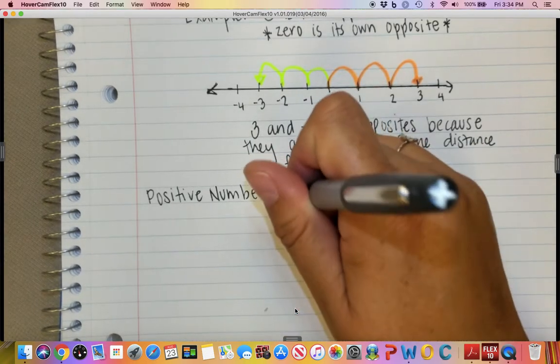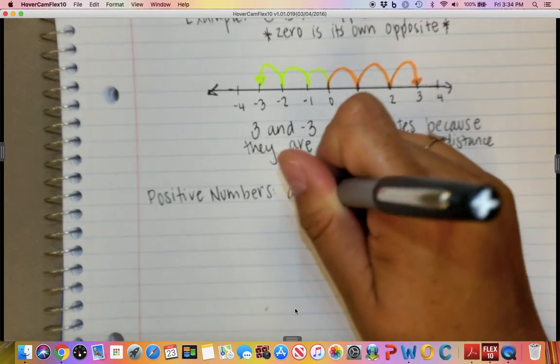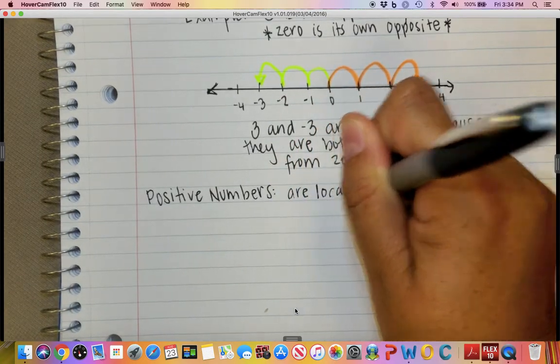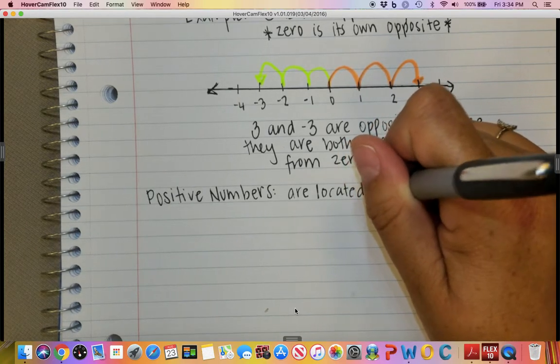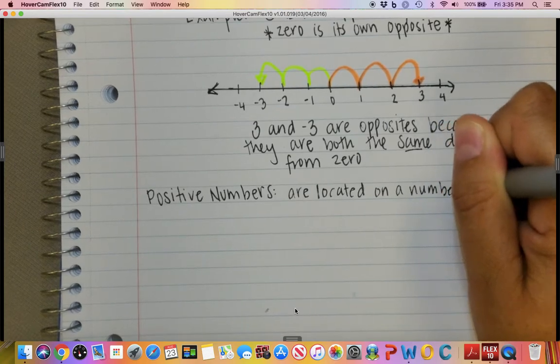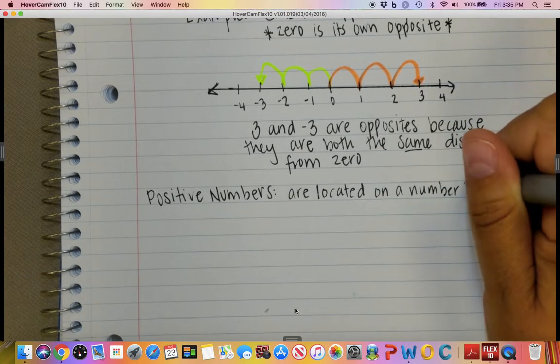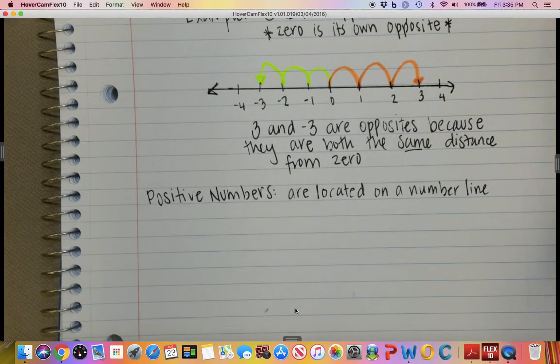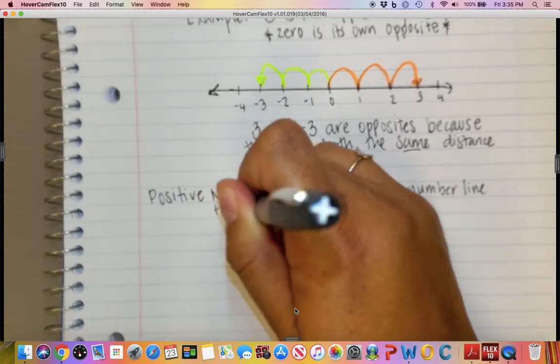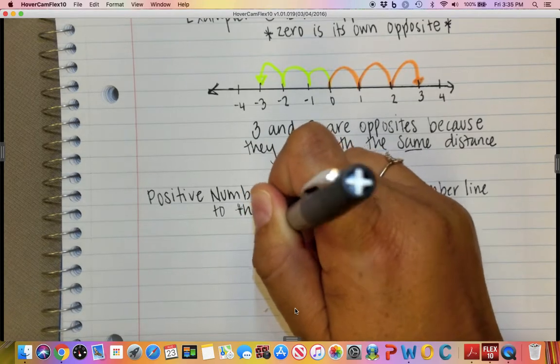Positive numbers are located on a number line to the right of 0.